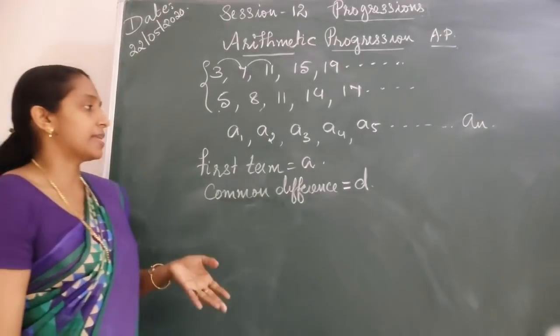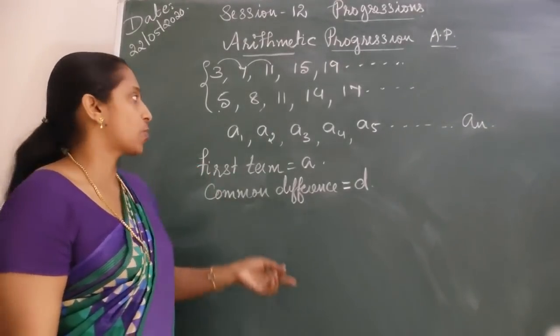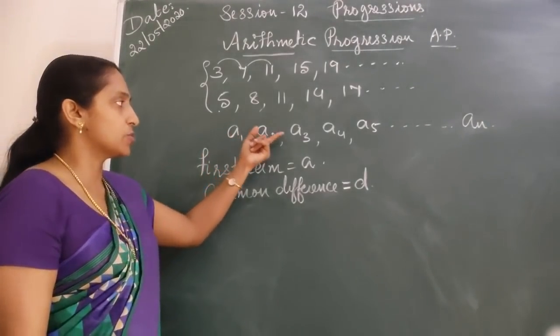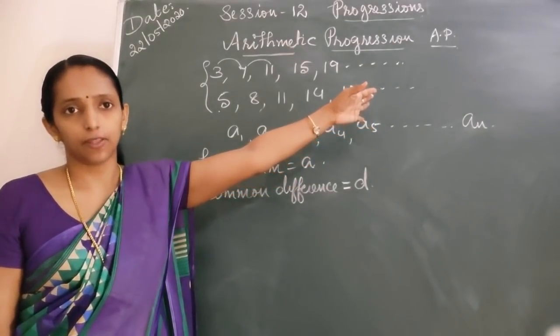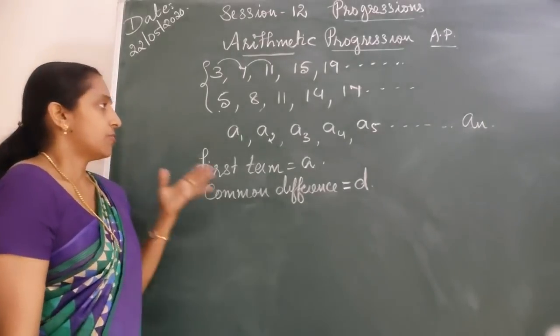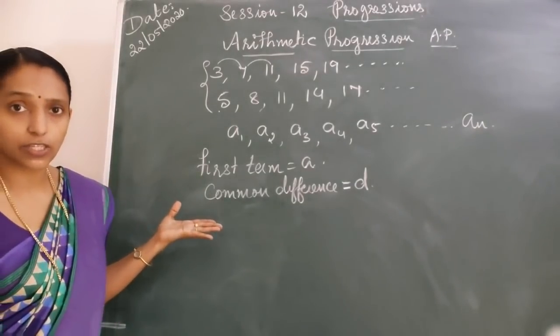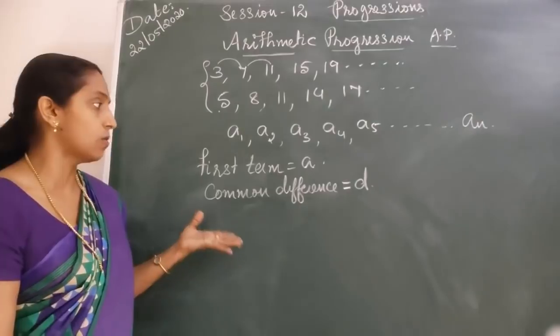Of course, you can say that the sequence is formed by A1, A2, A3, A4, A5, etc. Right? So now you know how to form the sequence, how to form the AP.